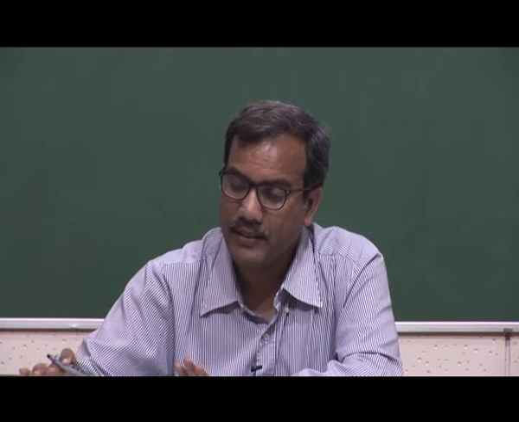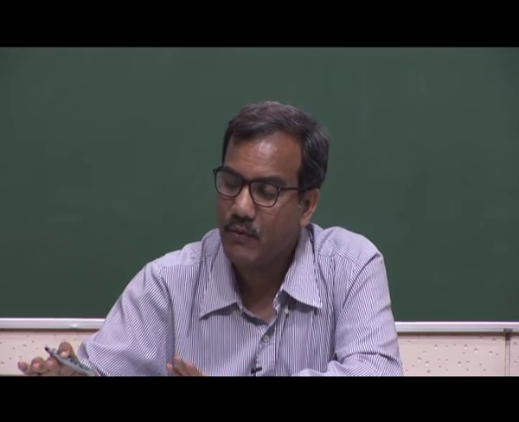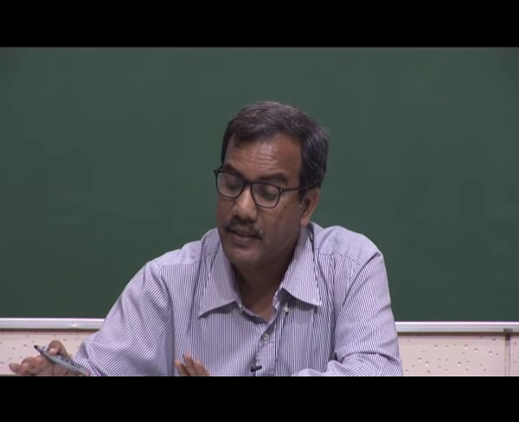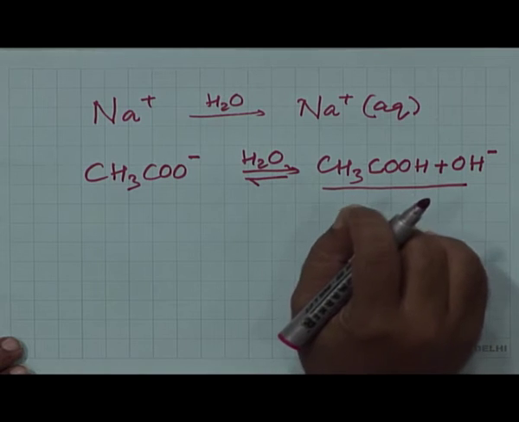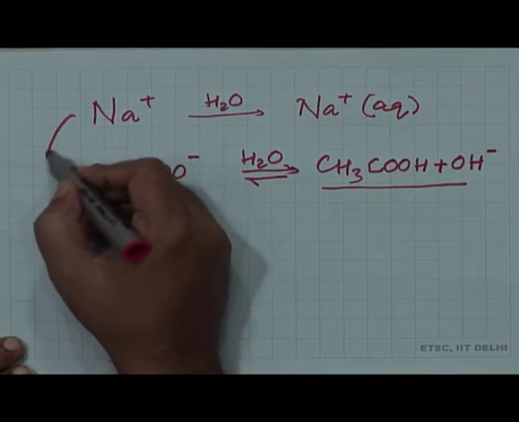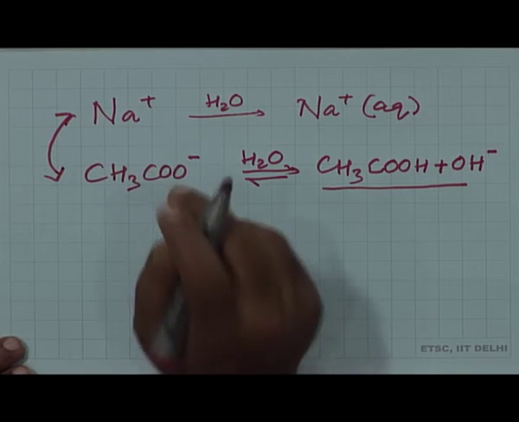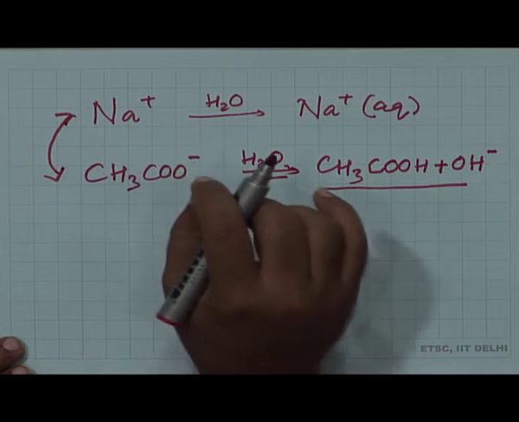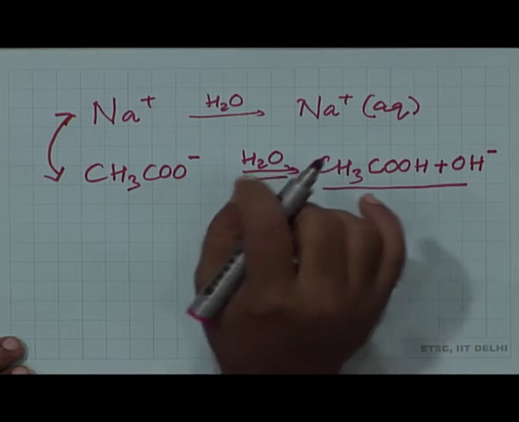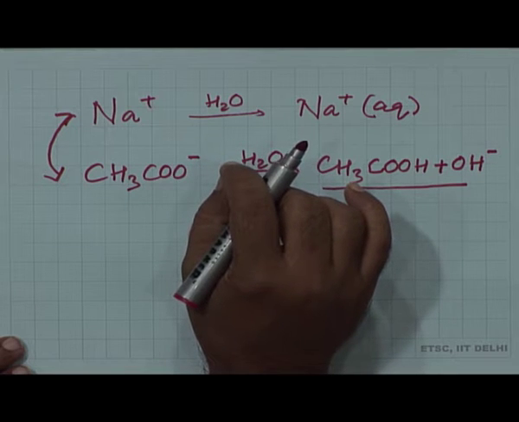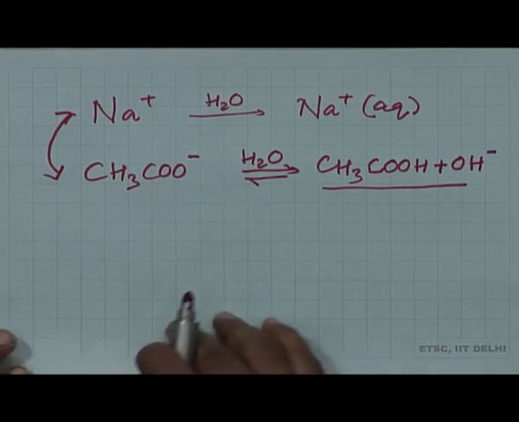One type of ion will simply hydrate, whereas another ion, for example CH3COO-, will react with water to give acetic acid plus OH- ion. Depending on the kind of behavior an ion shows in aqueous solution, we have a strong electrolyte or a weak electrolyte.